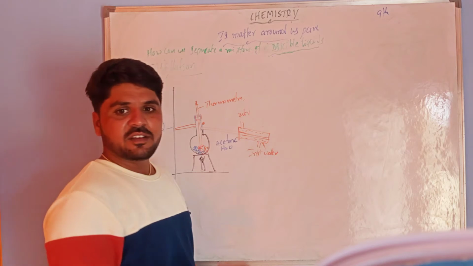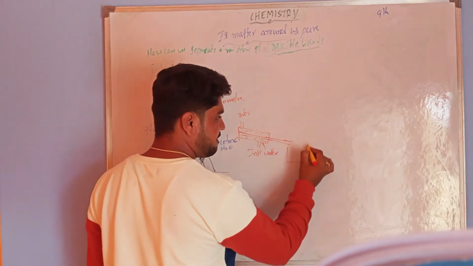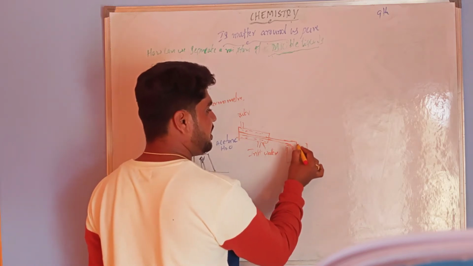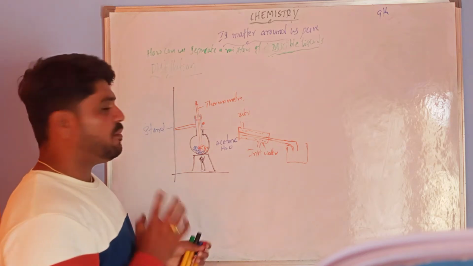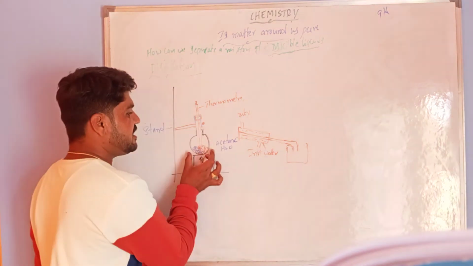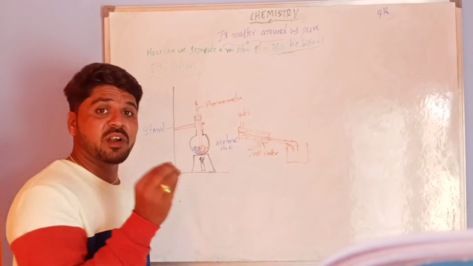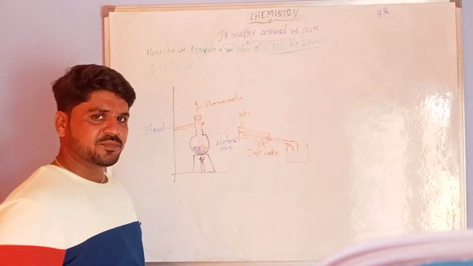From the condenser, we have a beaker for collecting what we distill. So this is the apparatus we use in the distillation process. In this distillation flask, that is the round bottom flask, there is a mixture of acetone and water.